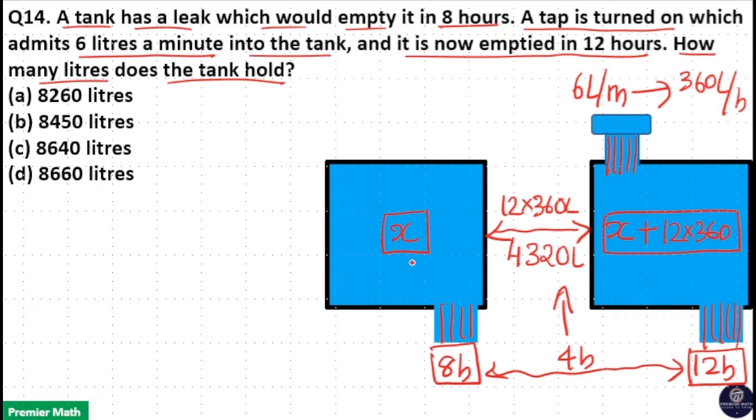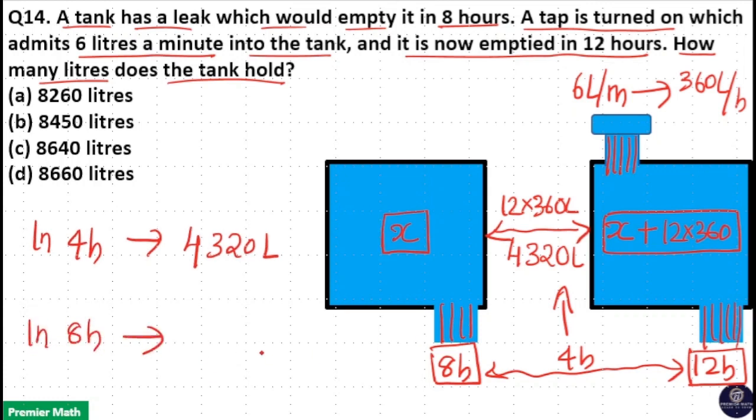So in 8 hours, how much amount is emptying by this leak? In 4 hours, 4320 liters emptying by this leak. So in 8 hours, how many liters are emptying? 4 into 2 is 8.